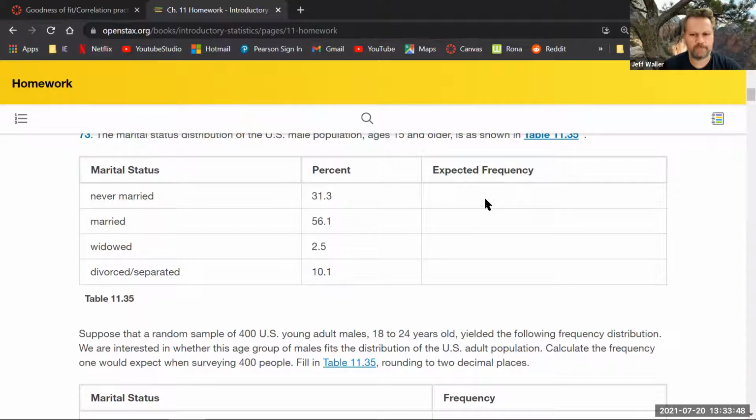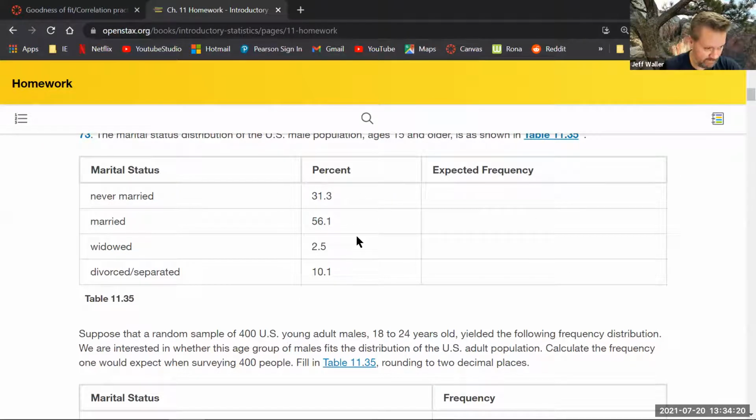Would you divide 400 by the 4 categories, or multiply it by the percent of the category? This is not uniformly distributed because they told me exactly how it's distributed. So what percentage of the 400 should be in this category?